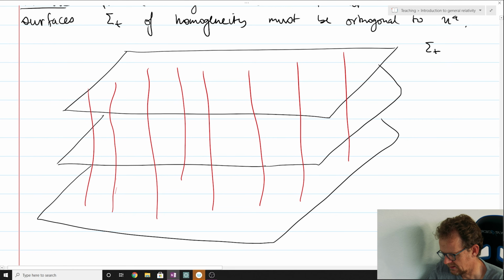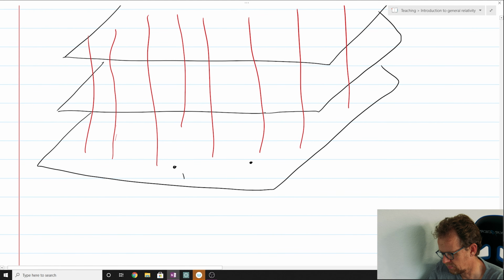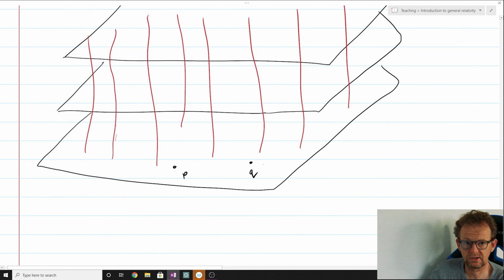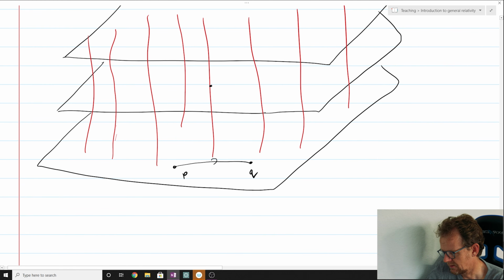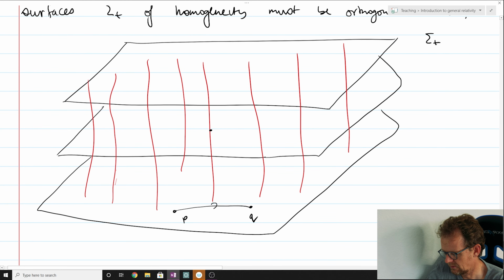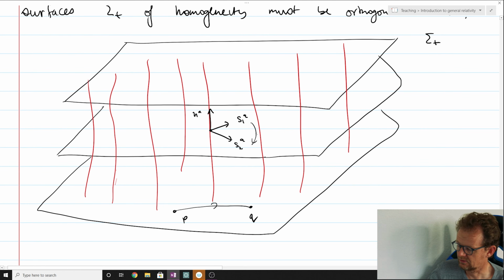Homogeneity is the result that says if you've got two points on the same leaf, the same Sigma t, there exists an isometry of the metric which takes P to Q. And if you're in one of these leaves and you have one space-like vector and another space-like vector that are both orthogonal to U^A, then there exists an isometry which rotates S1^A into S2^A.